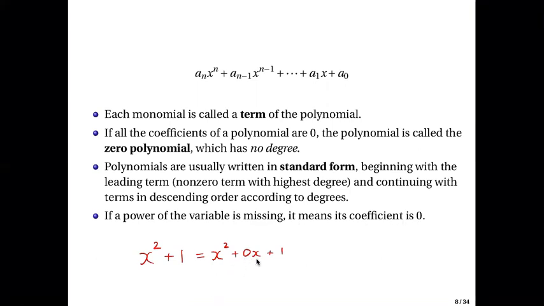So the coefficient of your x here is equal to 0. That's why it's not there. Or you can just ignore it. Or you can just not write it. Okay? Is everything clear so far?